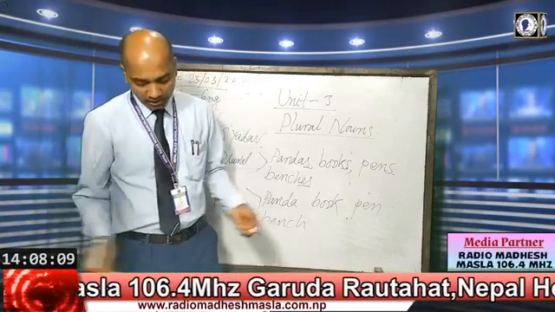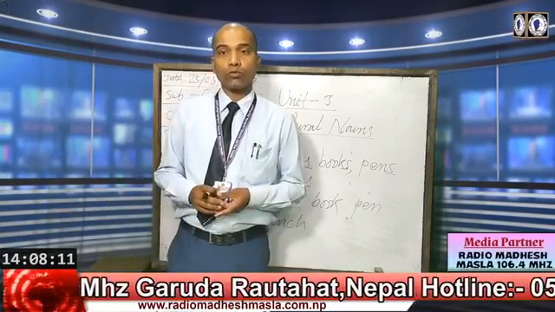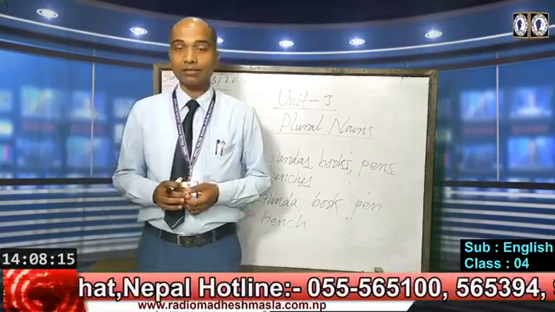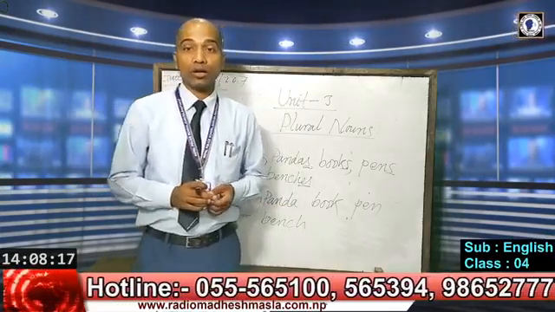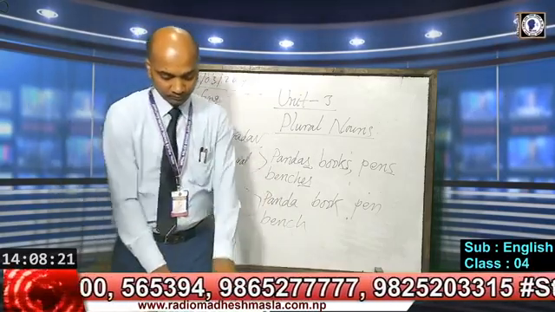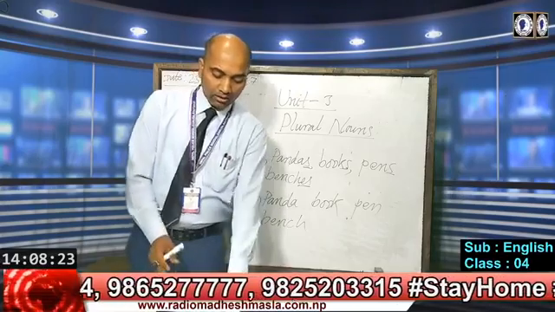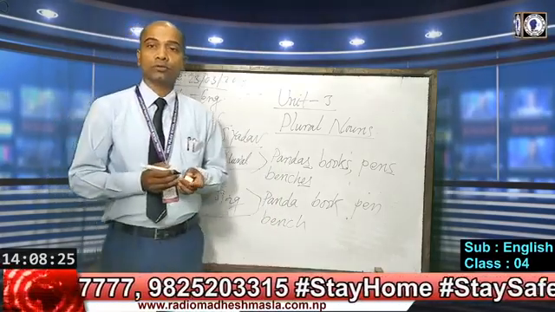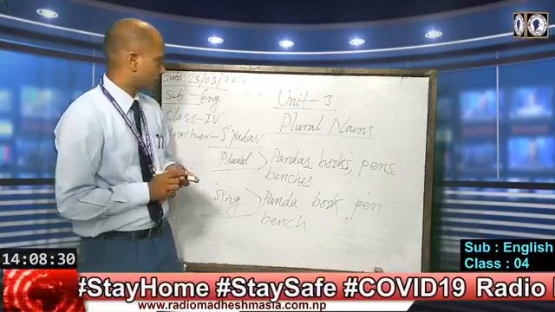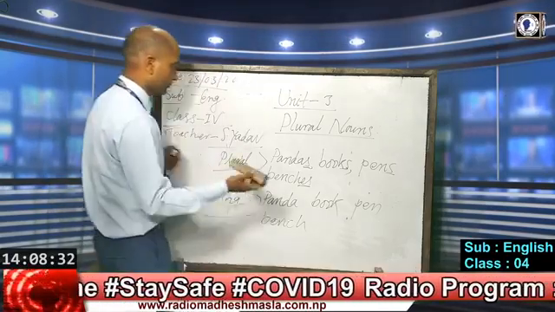In the same way, a noun that refers to more than one thing, person, animal or place in number is a plural noun. Now I am going to teach you rules to form the plural nouns.